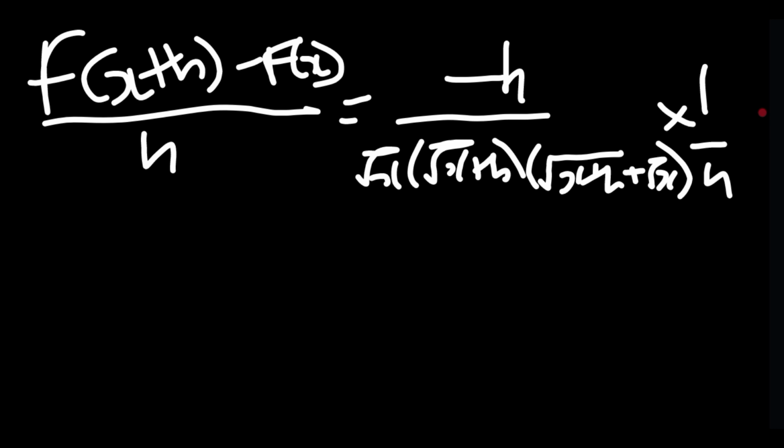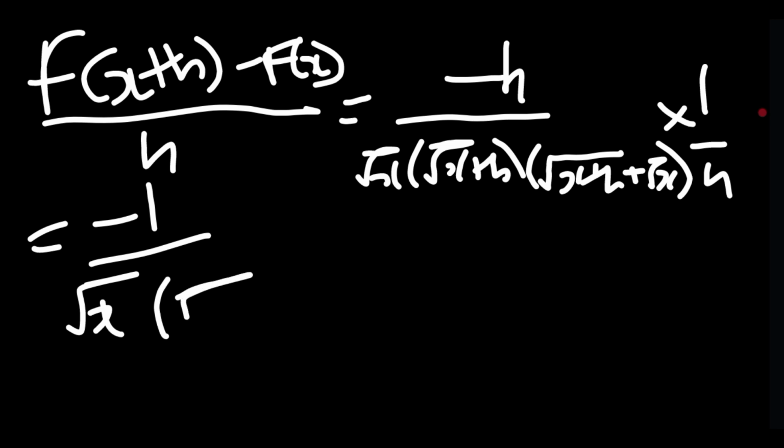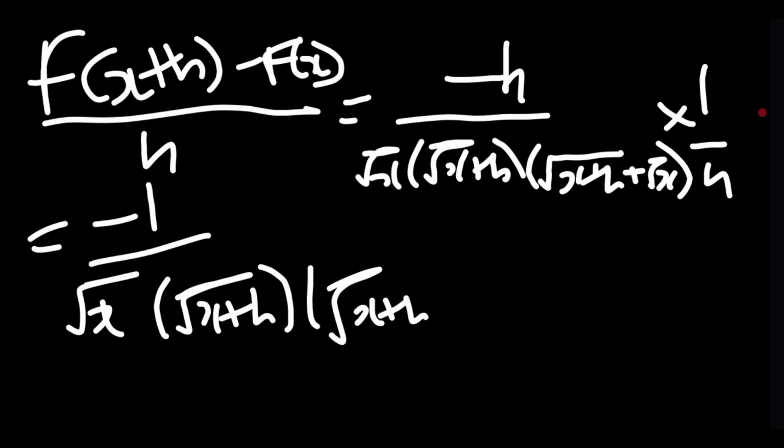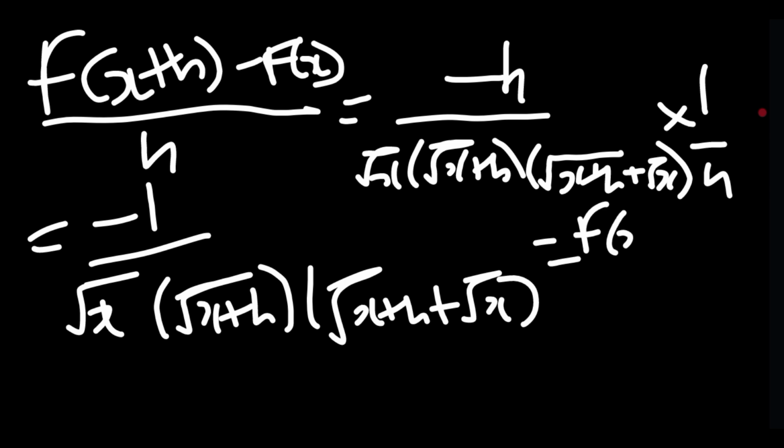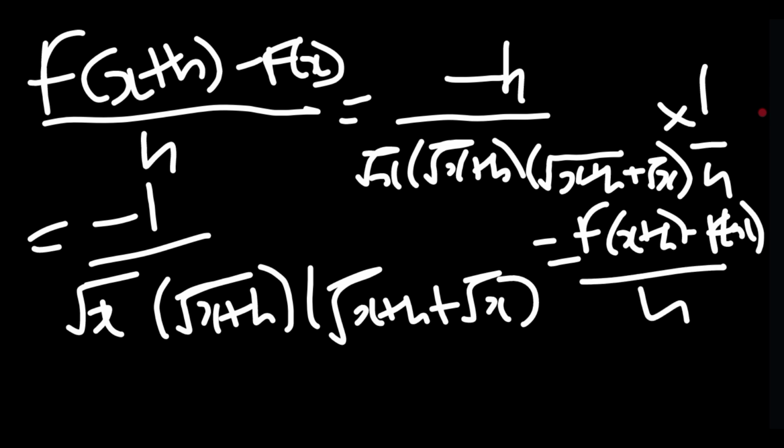So once you divide all by h, you get minus 1 over square root of x, square root of x plus h, square root of x plus h plus square root of x. Now this is equal to f of x plus h minus f of x all over h.